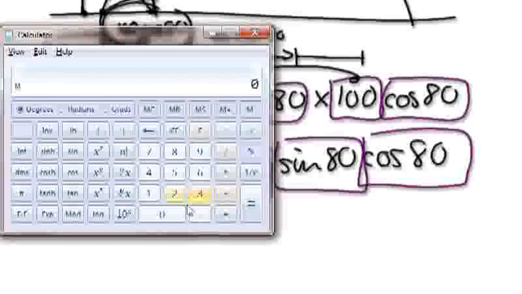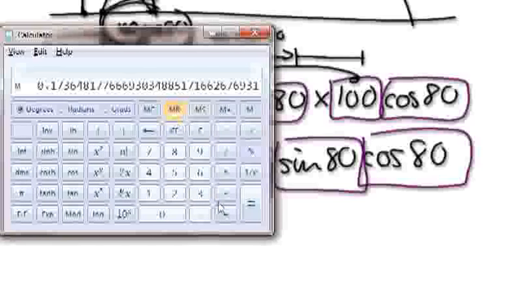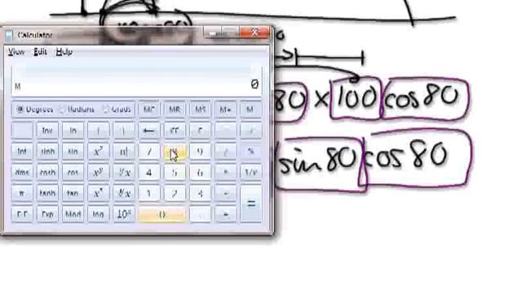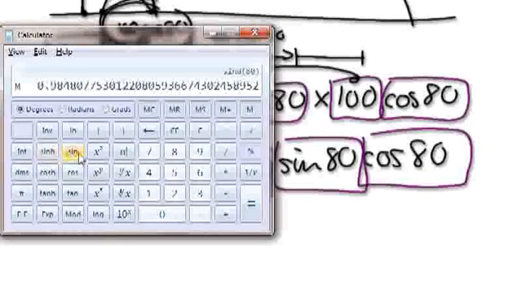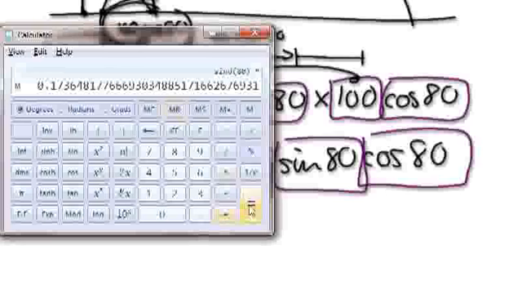I hate this calculator. Hang on, let me start again. Memory reveal is this. So sine 80 is this. Times my memory reveal is this, equals this.